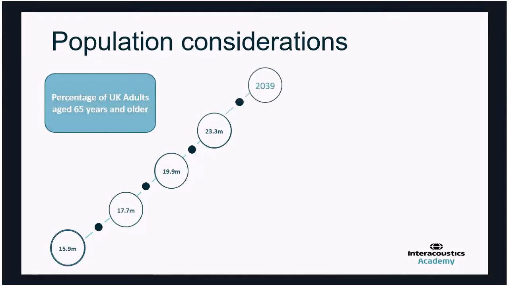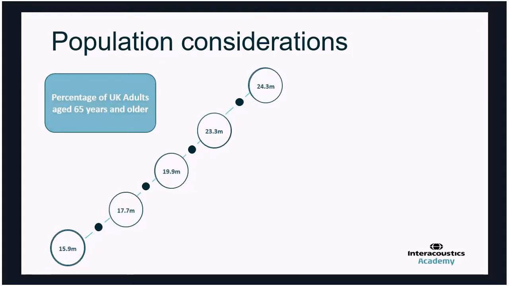And then in 2039, where the predictions start to end, we're looking at almost 24.3 million people of the age 65 and older in the UK. So quite a significant increase in a relatively short period of time.